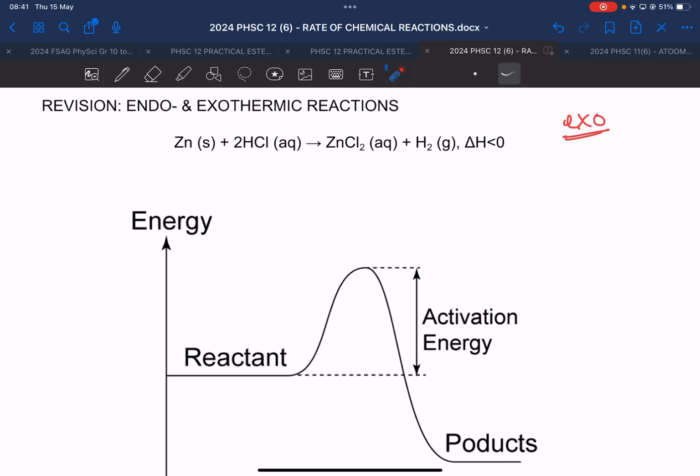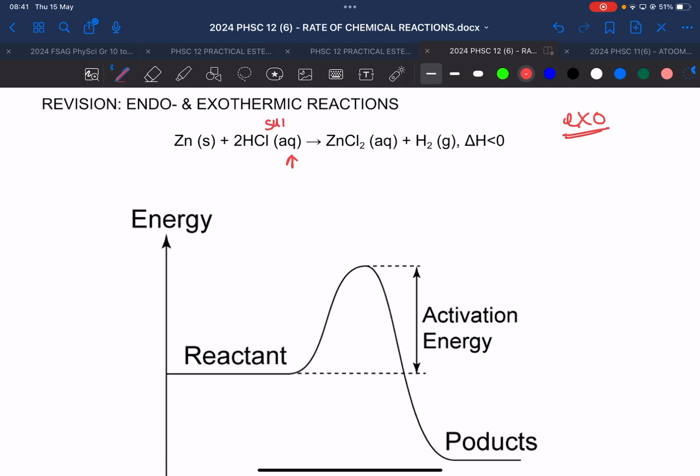Okay, so I showed you this on, I want to say, Friday. Yes, it was Friday, where we had zinc and we let it react with hydrochloric acid, and it gave you a salt. Now you couldn't see the salt because it was dissolved in the water. So that aqueous stands for surrounded by water.